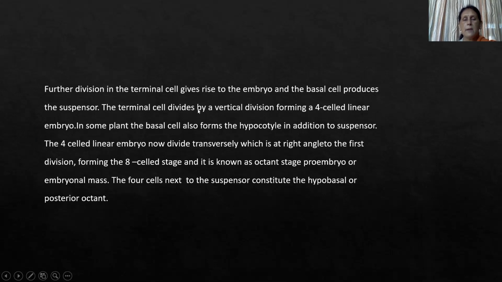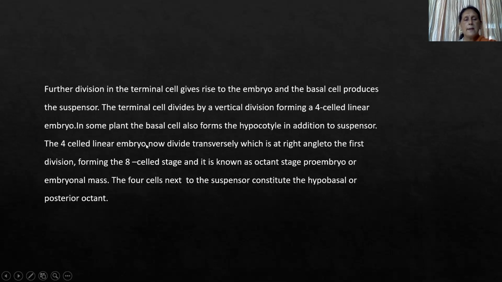The terminal cell divides by vertical division forming a 4-cell linear embryo. In some plants, the basal cell also forms the hypocotyl in addition to the suspensor.